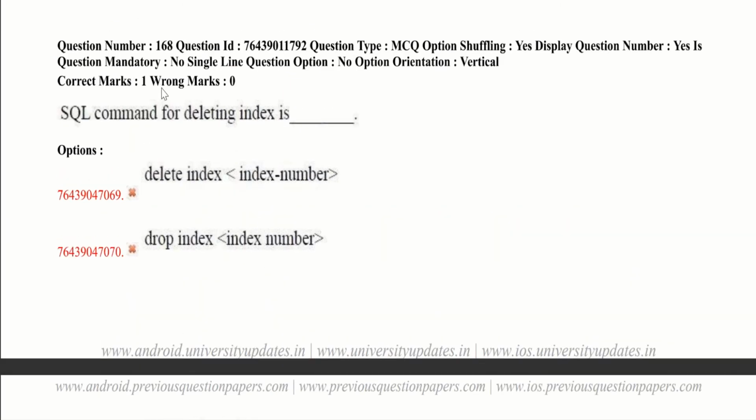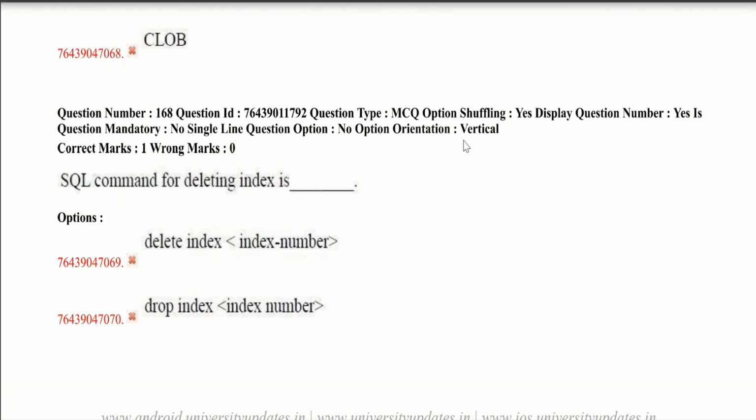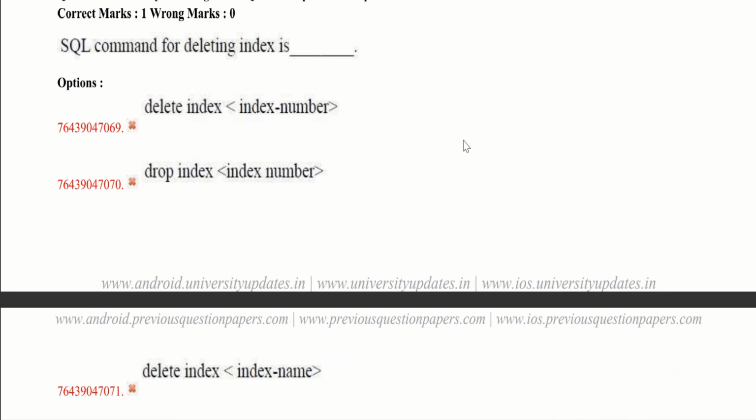Now coming to the eighth question. SQL command for deleting an index. First, let us understand what an index is. An index is a special lookup table used for speedy retrieval of data. Firstly, we cannot delete an index; we can only drop it. So the first and third options are wrong.